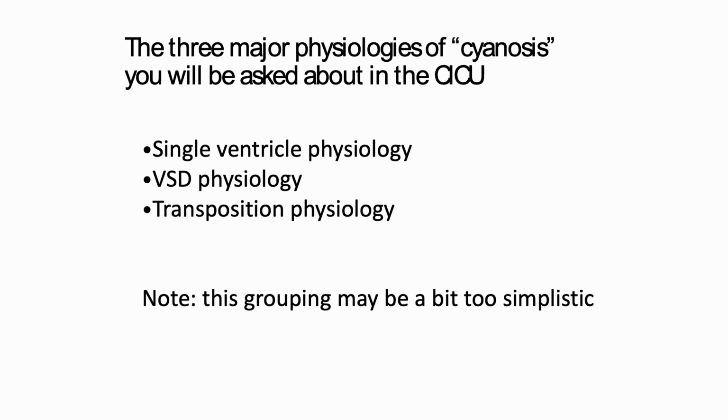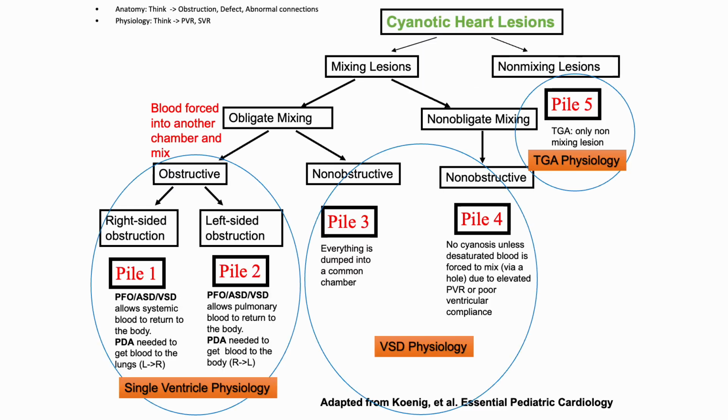What we call the single ventricle physiology, what we call a VSD physiology, and what we call a transposition physiology. This grouping is a little bit too simplistic, so to say, but it meets the purpose of helping you create a framework in your head when you are talking about a certain lesion and sticking it into one of these three categories, which will help you explain the clinical findings on that patient and required saturations and things like that.